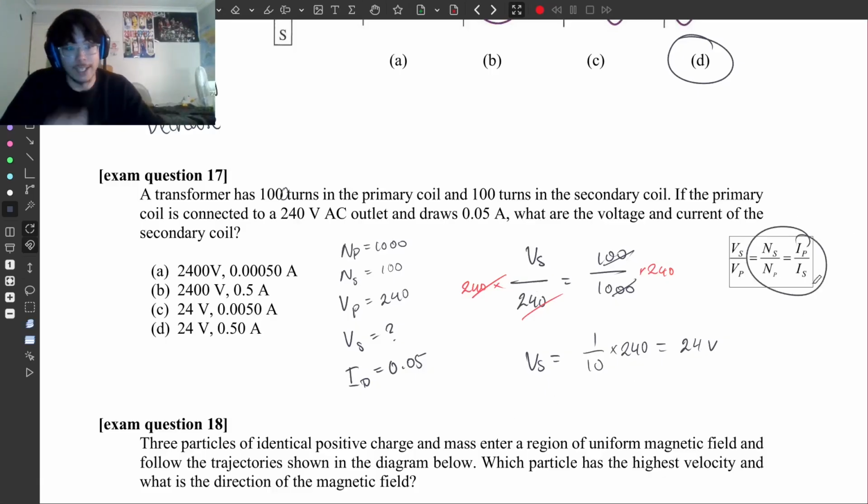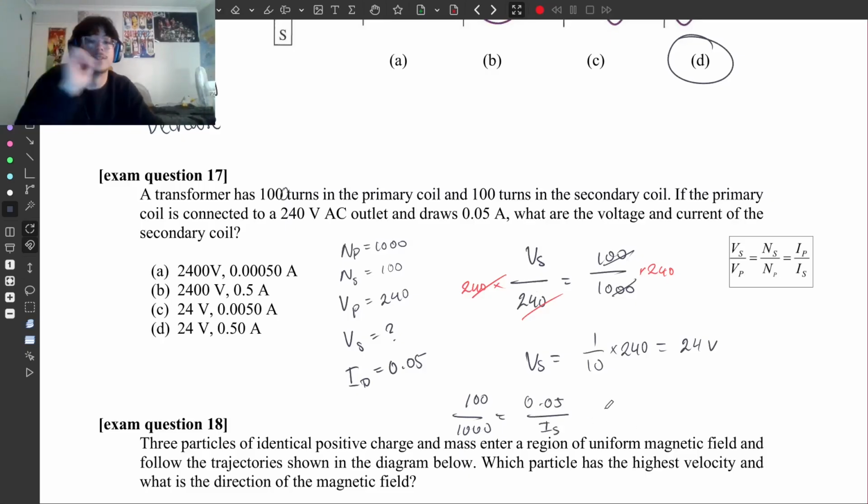And now we use the second half of the equation, which says that NS 100 over NP 1000 is equal to IP 0.05 over IS, the current of our secondary coil. So I'm just going to flip both fractions. So I'll get 1000 over 100 equals IS over 0.05.